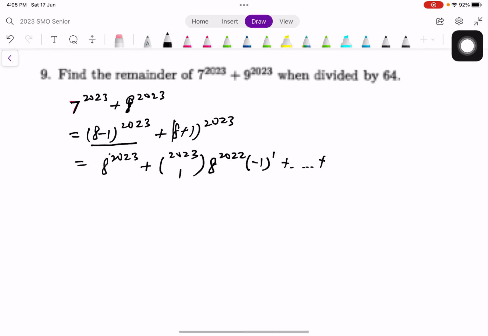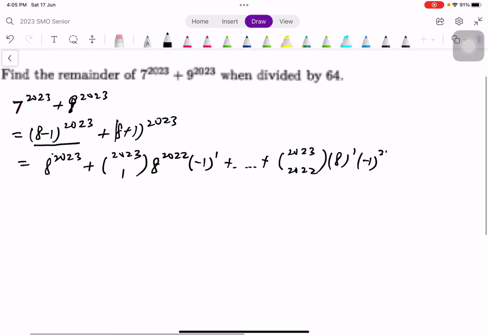Can you see that? I just want you to look at the last two terms. That means this is actually 2023 C 2022, and then this is 8 to the power of 1, and then minus 1 to the power of 2022, right? And then the last term is minus 1 to the power of 2023.